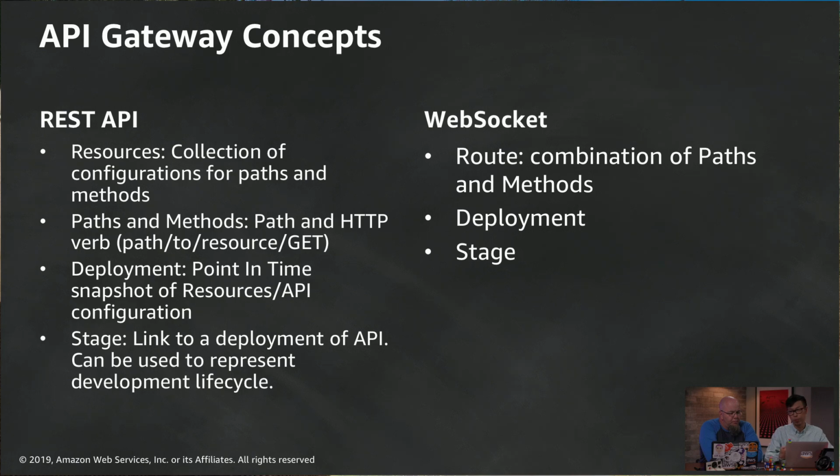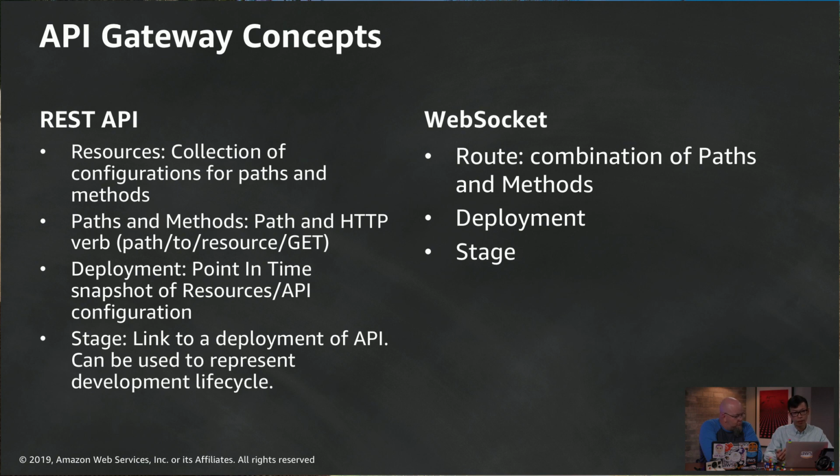And then a deployment is a point-in-time snapshot of these configurations. And you can have multiple of these within one API. You can think of them like a version of that configuration, right? And that's specific to API Gateway then? Yes. And even the resources, that's also specific to API Gateway. And then we have stages.